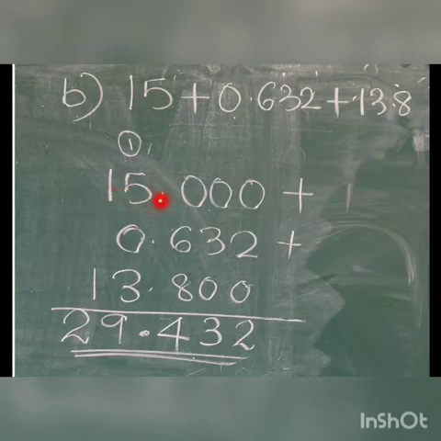After the number, that is 15.00 and 15 are the same. To match these numbers, I wrote 15.00 plus the other numbers as such, 0.632 and 13.8, I wrote 13.800. So there is no place value change for any of the digits in the given number.